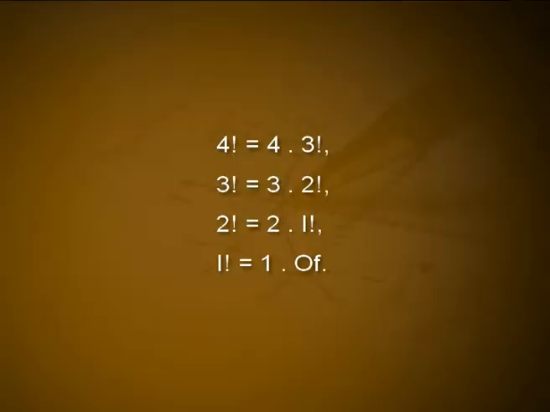To help understand how this algorithm works, we trace the steps used by the algorithm to compute 4 factorial. First, we use the recursive step to write 4 factorial is equal to 4 times 3 factorial. We then use the recursive step repeatedly to write 3 factorial is equal to 3 times 2 factorial, 2 factorial is equal to 2 times 1 factorial, and 1 factorial is equal to 1 times 0 factorial.